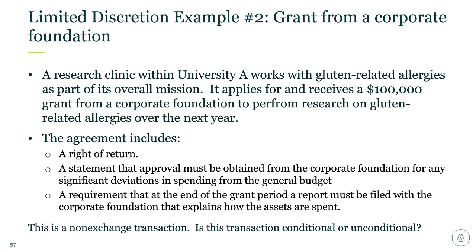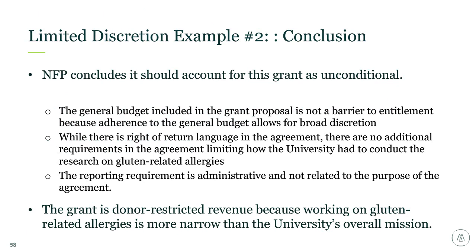So first, is this a non-exchange transaction or not? This would be, because the nonprofit is retaining those rights. And then is it conditional or unconditional? In this case, they would consider it unconditional, and that is because the general budget is not considered a barrier.